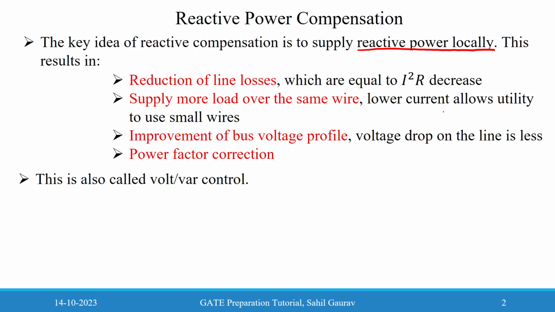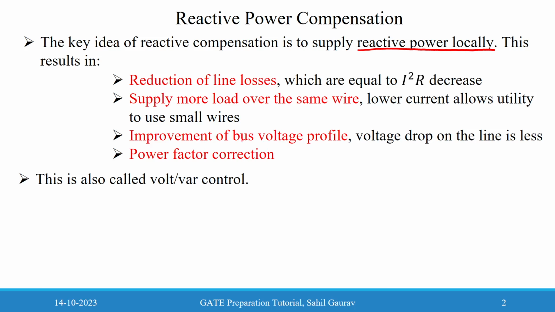That means lower current allows the utility to use smaller wires. This also leads to improvement of bus voltage profile, that is, voltage drop on the line is less, and the most important thing is power factor correction.